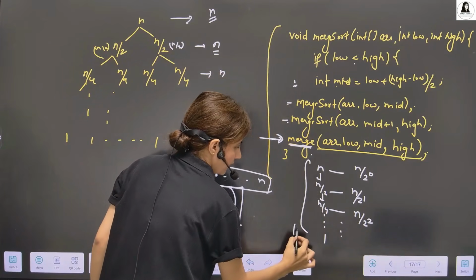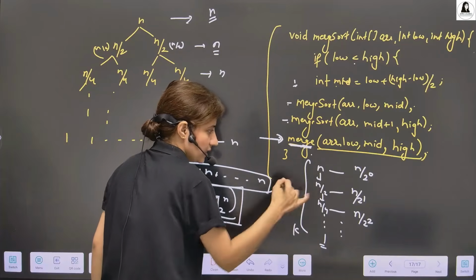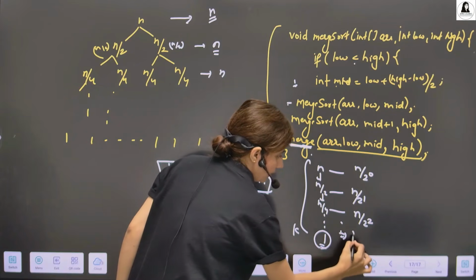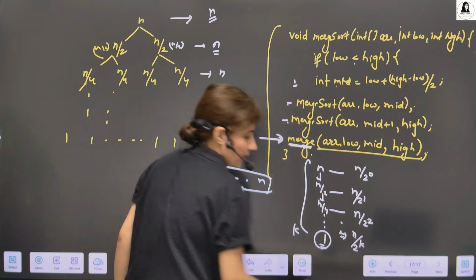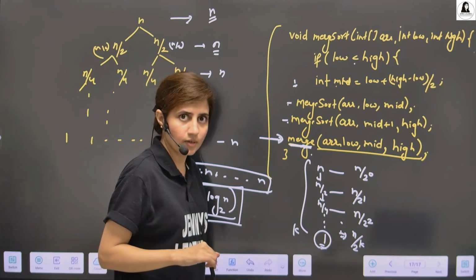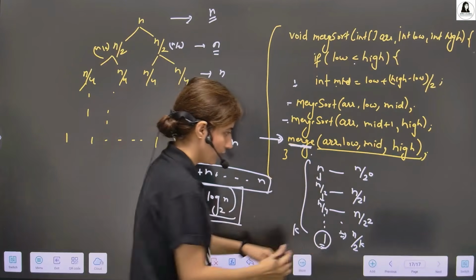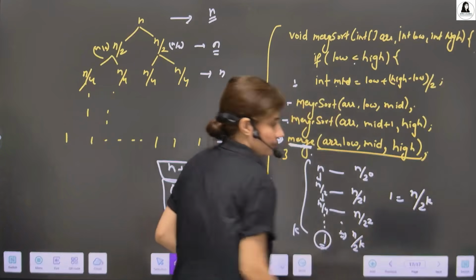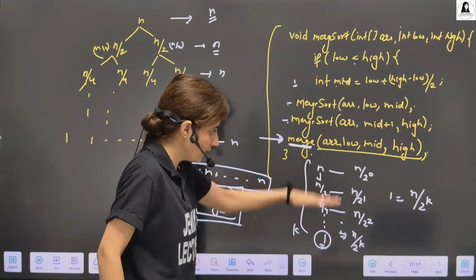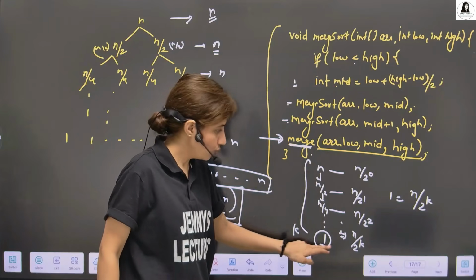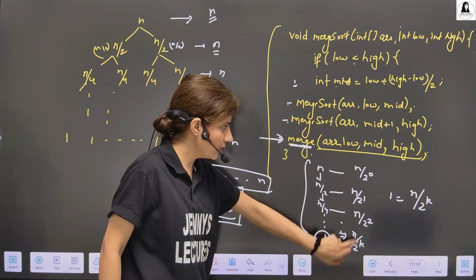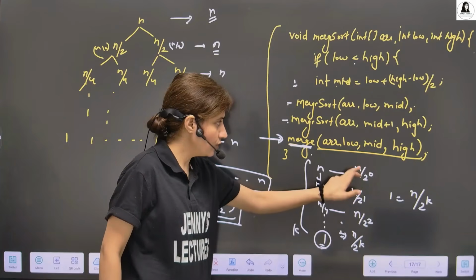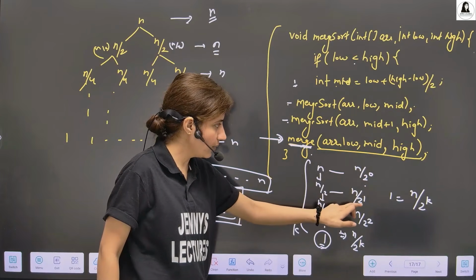Suppose after k steps, the height is k. Then here we have n divided by 2 raised to power k. And ultimately when we reach 1, I can easily write 1 is equal to n divided by 2 raised to power k. Suppose after k steps or k height I've reached 1. I keep writing in this form: at height 0, it's n by 2 raised to power 0; at height 1, n divided by 2 raised to power 1.